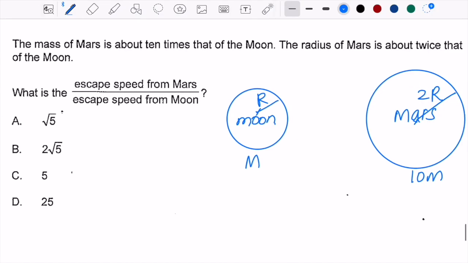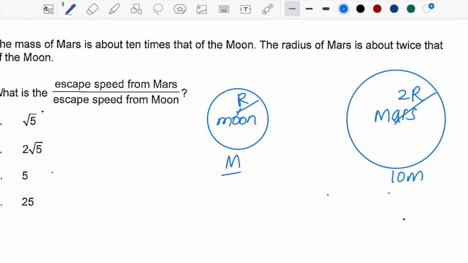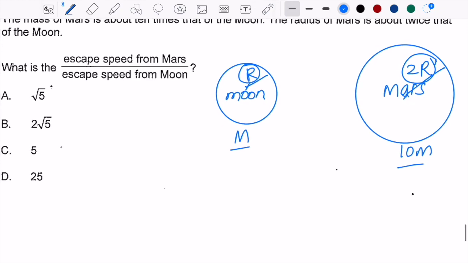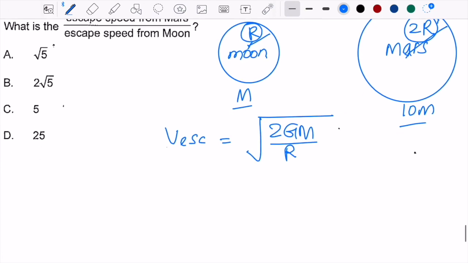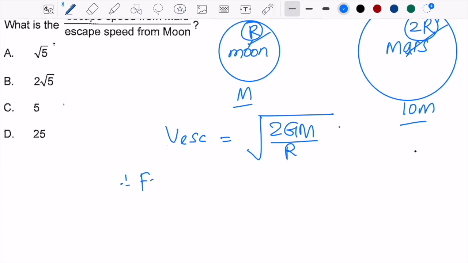The mass ratio between Moon and Mars is 1 to 10, and the radius ratio is 1 to 2, right? The escape speed equation is v equals the square root of 2GM over r, right? So for Mars, v equals the square root of 2G times 10m divided by 2r.